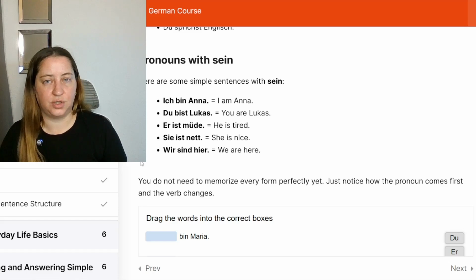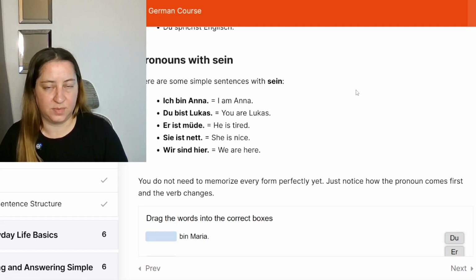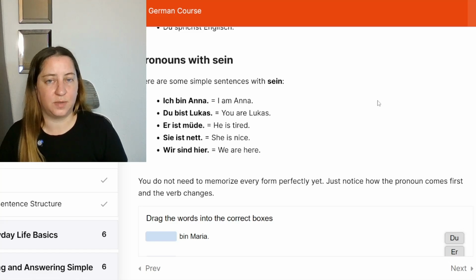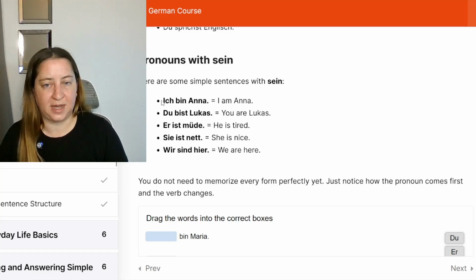Now, if you go to your A1 German course homepage, you'll find the downloadable course materials. One of them is the German verb conjugation sheet. You can use this sheet to review the different forms of sein. Ich bin, du bist, er ist, sie ist, wir sind, ihr seid.